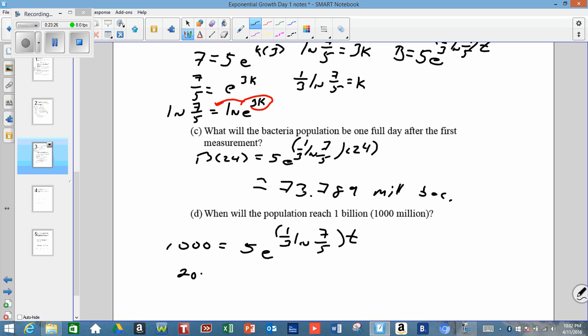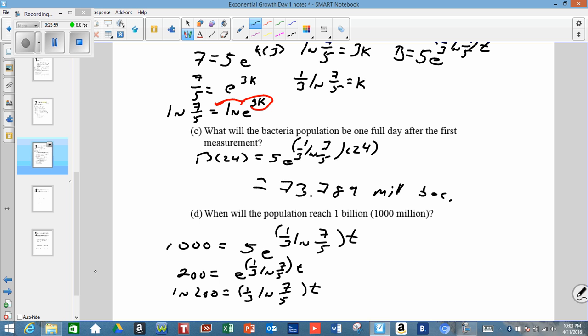Dividing 1,000 by 5 gives 200 equals e to the 1/3 ln 7/5 t. And to get t out of here, we're going to take the natural log on both sides. So the natural log of 200, the natural log of all this is going to eliminate the e, so that's just going to give us 1/3 ln 7/5 times t.